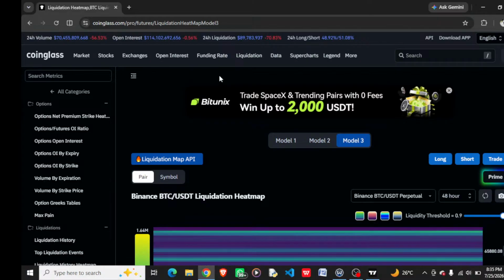CoinGlass shows where the liquidity of any pair you are trading are. It literally shows what's next for the pair, or where next it is going, right? So look at Bitcoin on CoinGlass. So this is what it looks like.